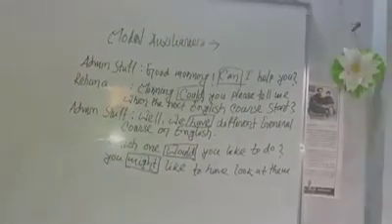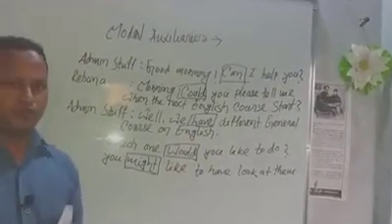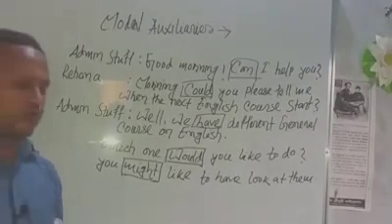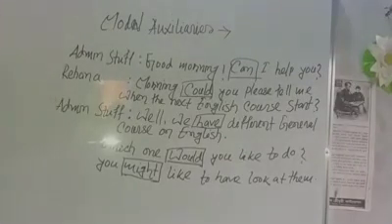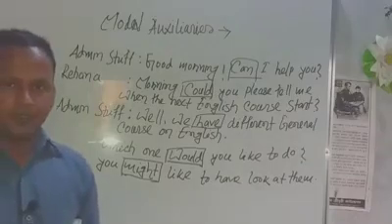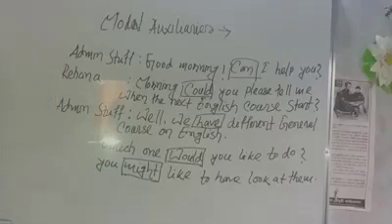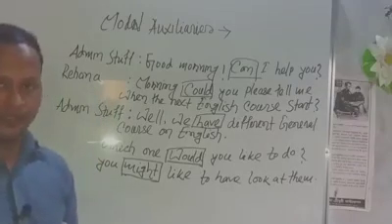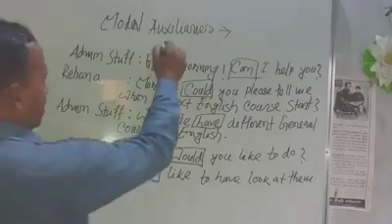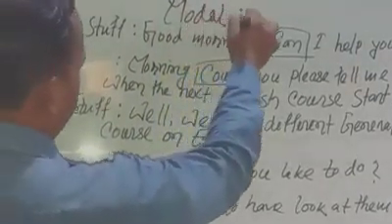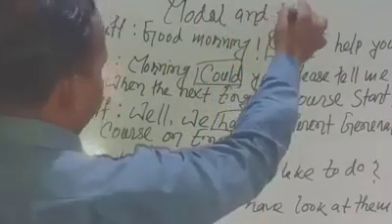Did you know modal auxiliary? What types of modal auxiliaries do we have? Try to know the various types of these auxiliary verbs. Today our class is Unit 5, auxiliary verbs: modals and primary auxiliaries.